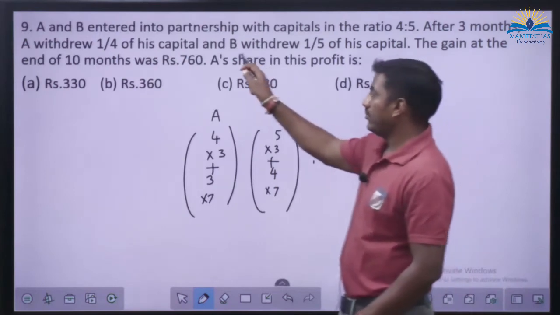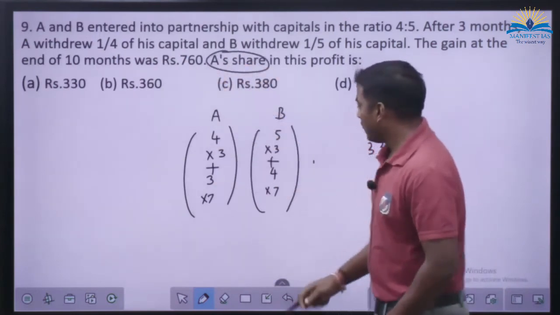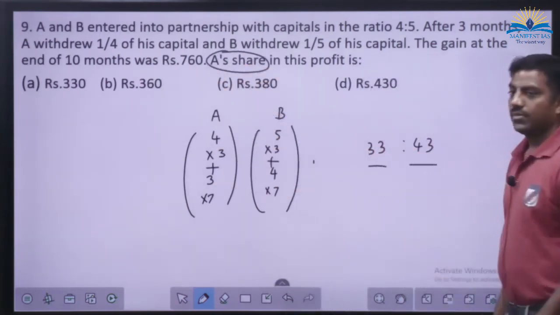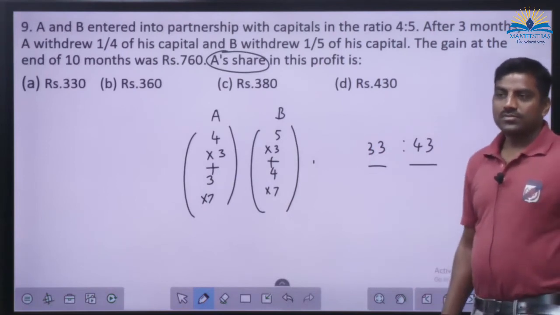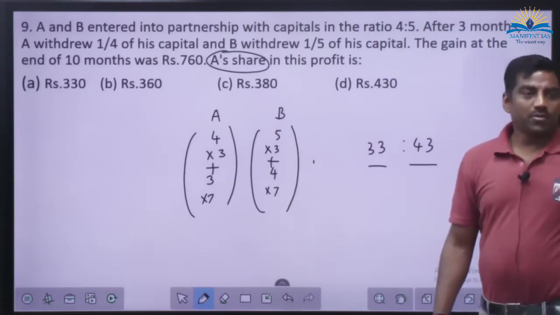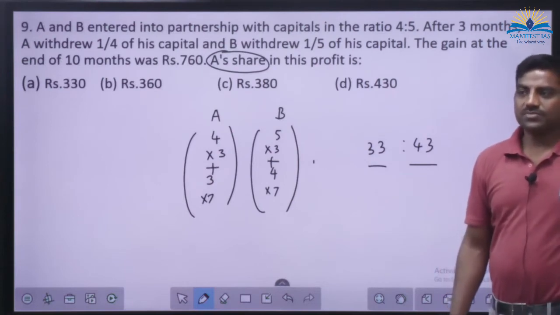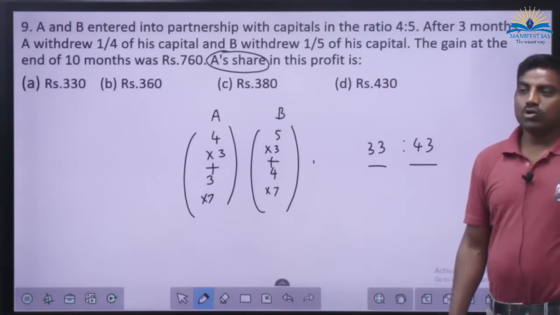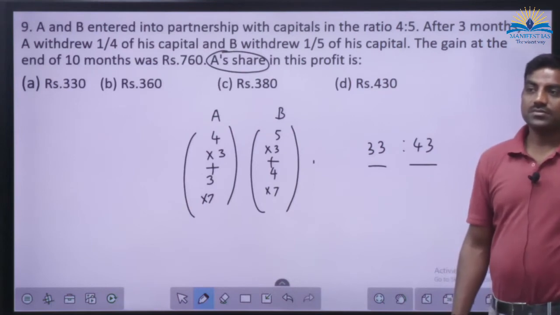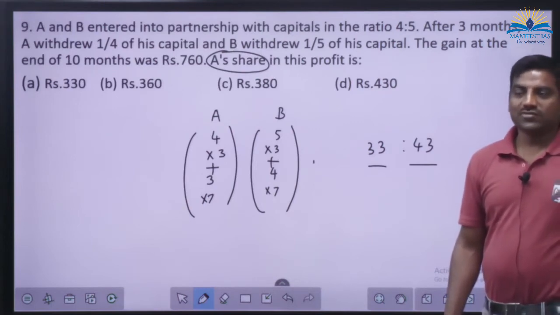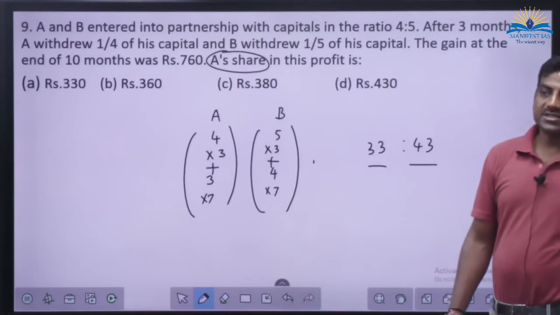I won't calculate. What is the share of A? Total profit is 760. Share of A is how much? 33 out of? So 33 rupees out of 76 rupees is A's share.